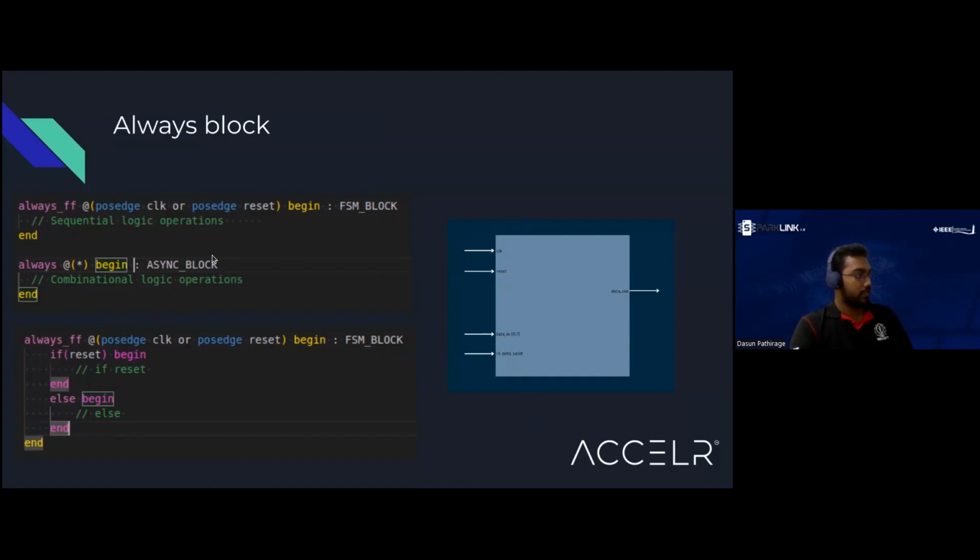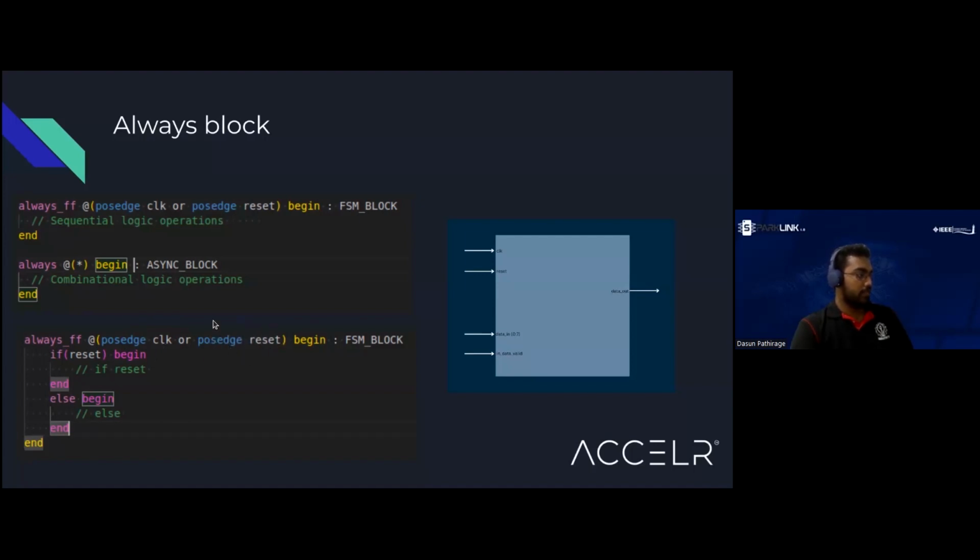Next here we have reset. Let's figure out what this reset is and what we are going to do in the code with the reset. You can see always at positive edge of the reset.